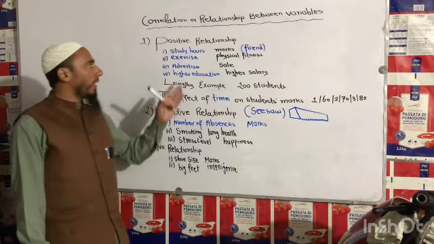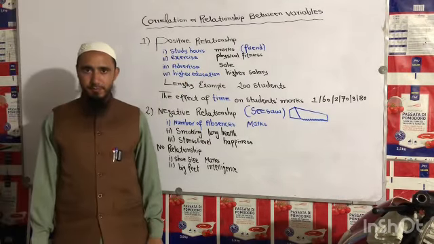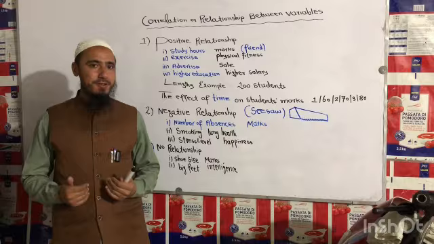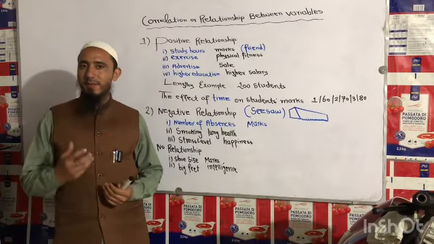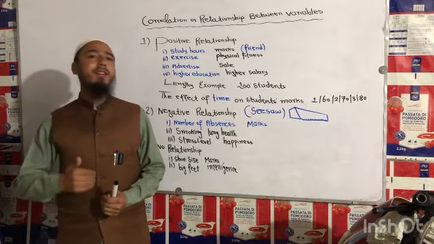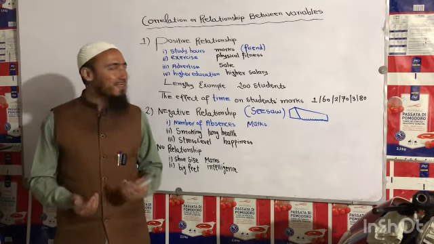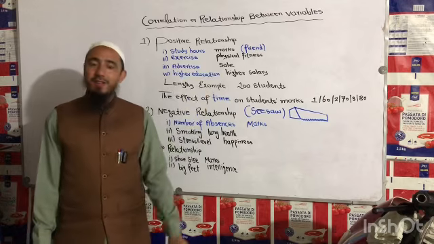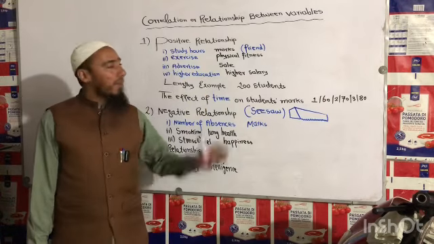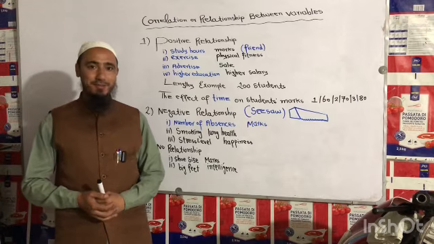Now let's come to other examples, like study hours. If students study, for example, for 5 hours, and their study time increases, it will definitely affect their marks. Their marks will also increase. Their score will also increase.